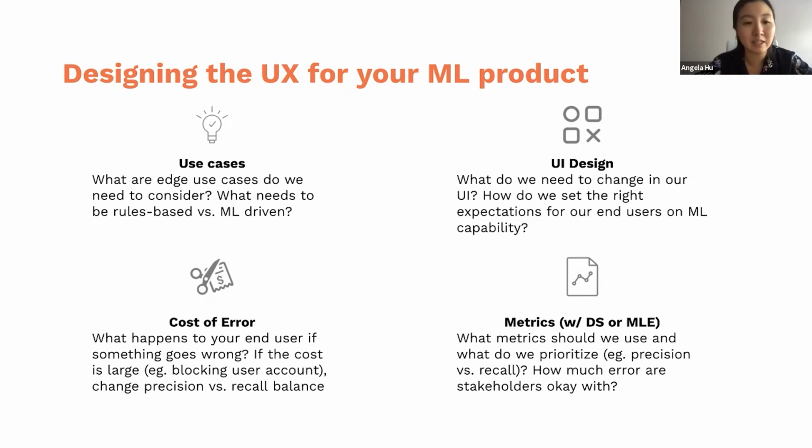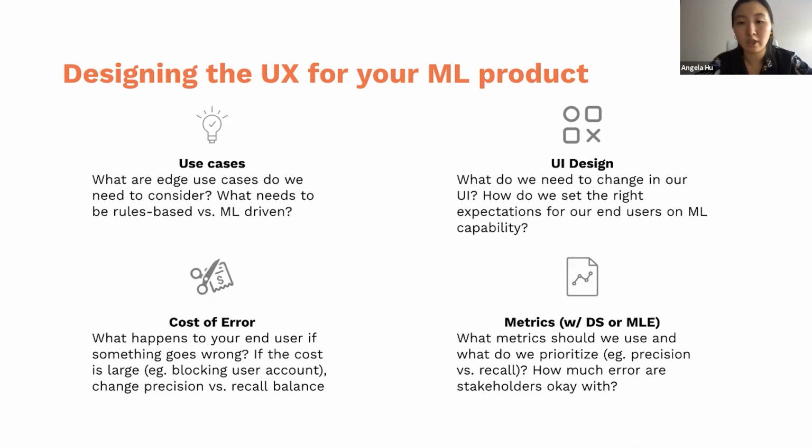A great example of this is when Twitter had built up a chatbot and ended up learning a lot of really, really bad behaviors from users. So this was an edge case that definitely should have been considered. But these are things that are really important to write down and almost do failure planning around to make sure that we have backup plans or we build up a rules-based approach to deal with those specific use cases.